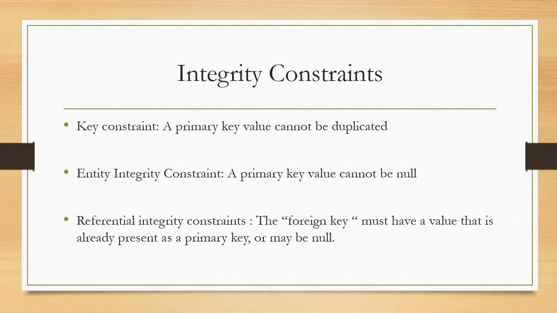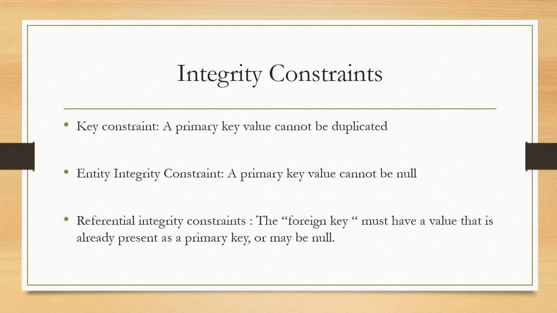There are a number of integrity constraints within SQL that you have to have. In Access, there's no need for these. Access just lets you do as you need. A key constraint requires that you have a primary key value that cannot be duplicated. You must also have an entity integrity constraint where the primary key value cannot be null.